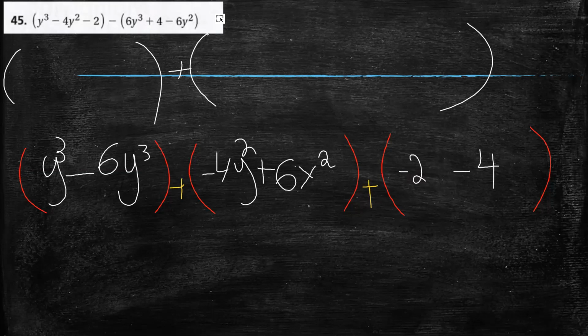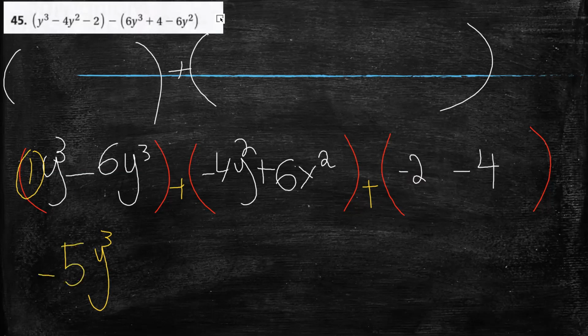Then y cubic minus 6y cubic. We have the same variable, which is y cubic. Then what is the constant here? 1 minus 6, negative 5.